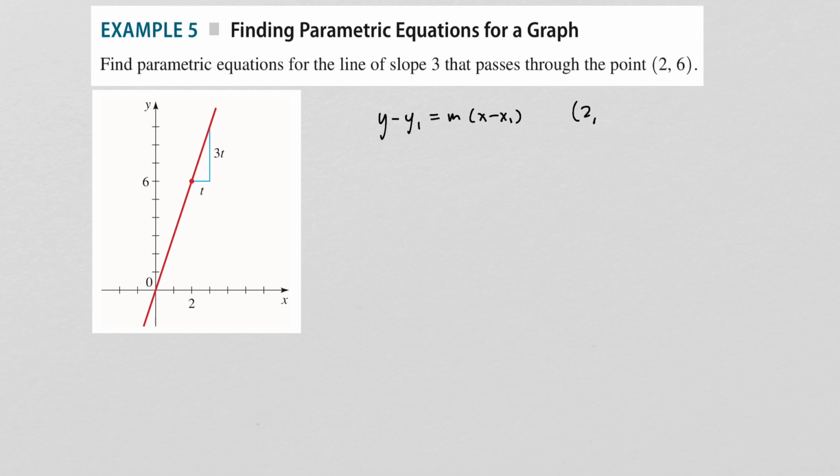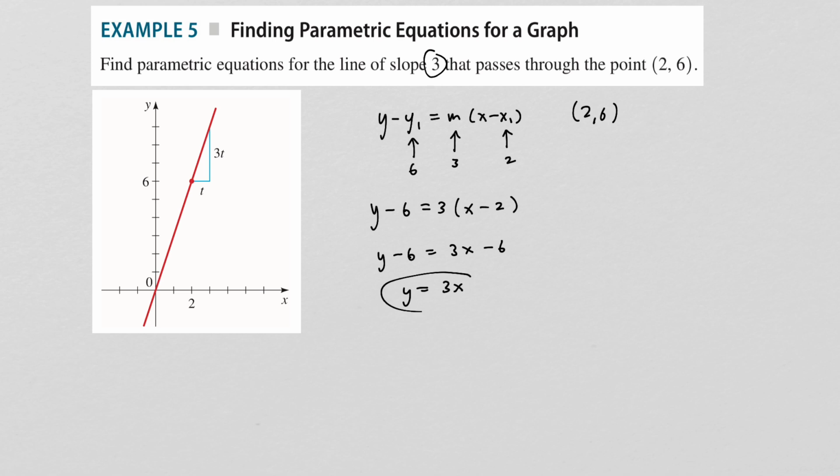And if it passes through the point (2, 6), that means x1 would be 2 and y1 would be 6. And if the slope is 3, then m, of course, would be 3. And that would give us y minus 6 equals 3 times x minus 2. And this is y minus 6 equals 3x minus 6, or simply y equals 3x.